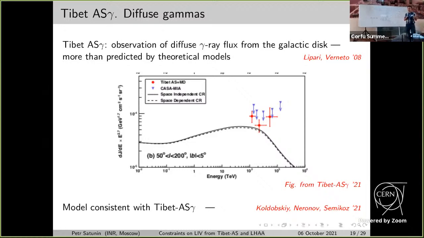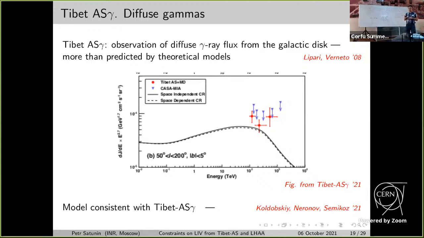The outer disk is the part of the galactic disk on our side of the galactic center. Tibet-ASgamma claims that they found that diffuse gamma rays of these energies, with this data, are significantly larger than predicted by theoretical models by Lipari and Vernetto.